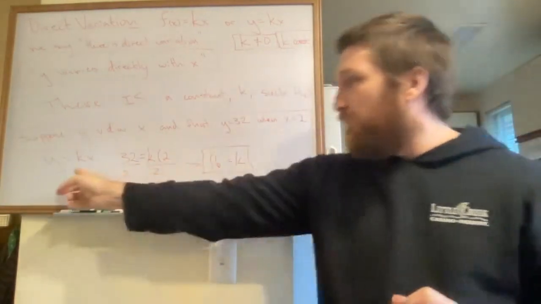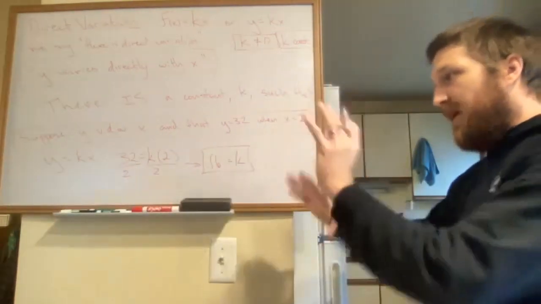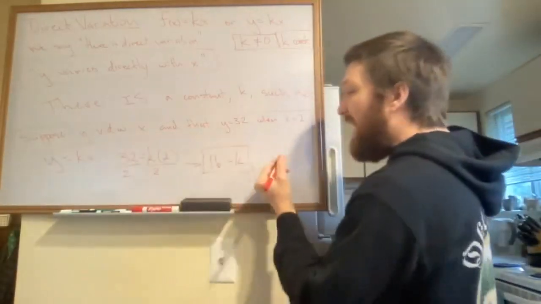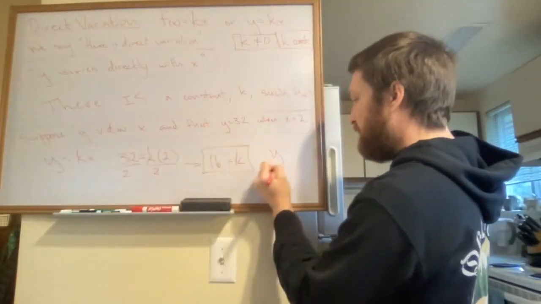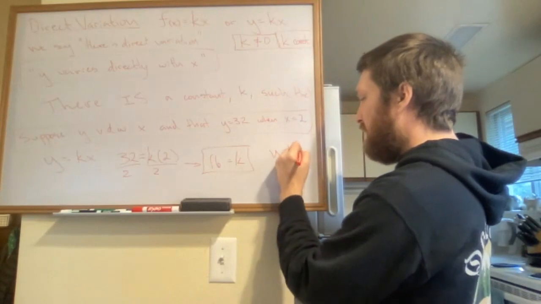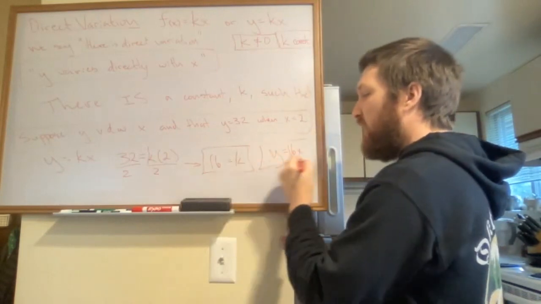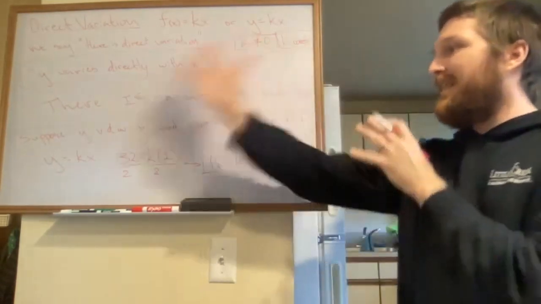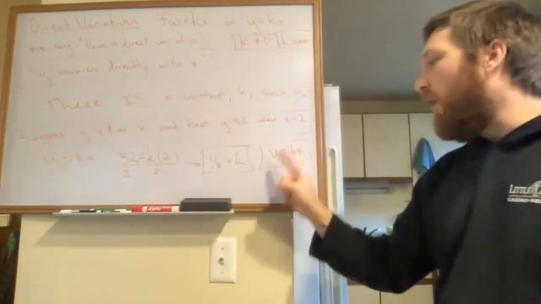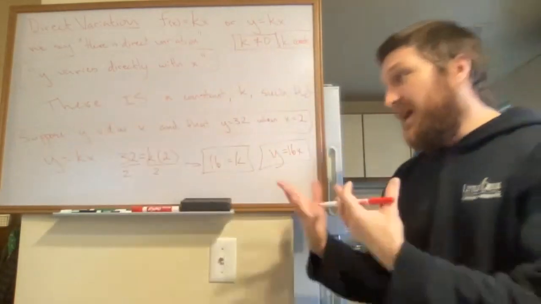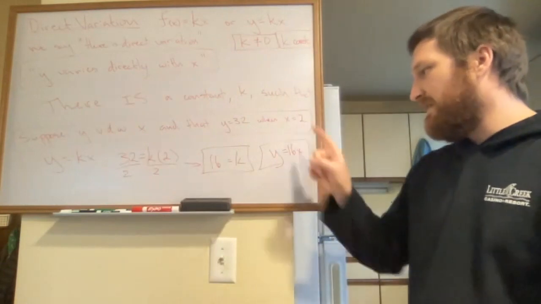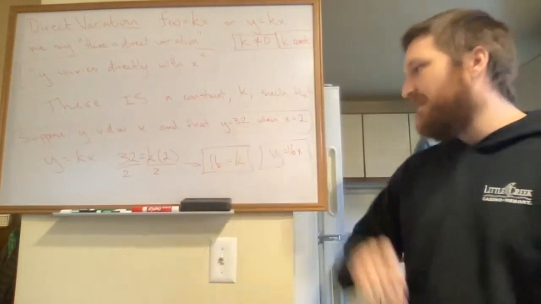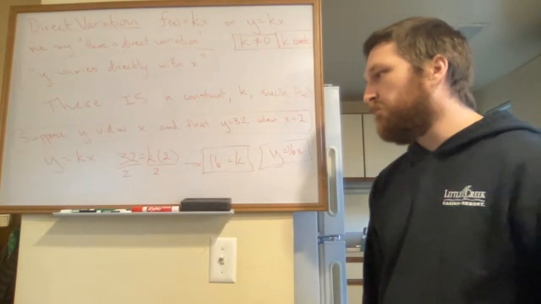When you get to this point and you found this, then y equals 16x. That is my function, which defines this situation right here. Y varies directly with x, and it happens to be the case that when x is equal to 2, y is equal to 32.